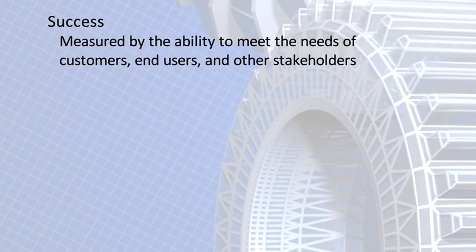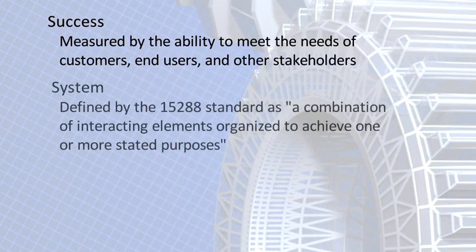A systems engineering, or SE, process defines the primary activities and methods that make it possible to design and build successful systems, driven by the following key concepts. Success. Success is measured by the ability to meet the needs of customers and users and other stakeholders. System.